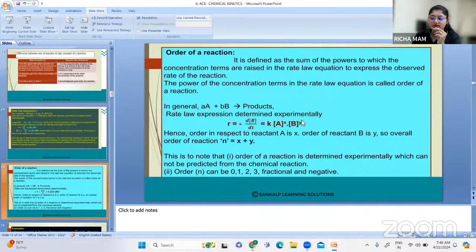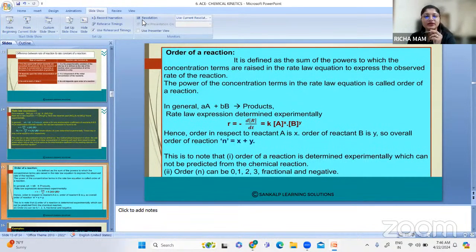This rate expression is experimentally determined. So the power of the concentration terms in the rate law expression is called the order of reaction. These things we have discussed in the previous class. We know that the order of the reaction can only be experimentally determined and it cannot be predicted.